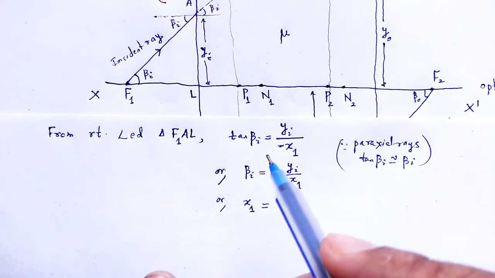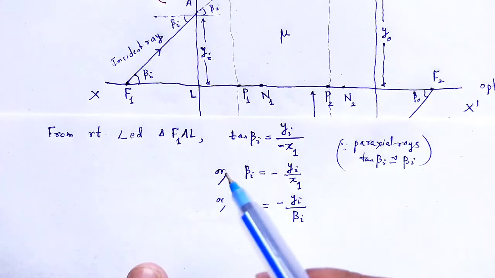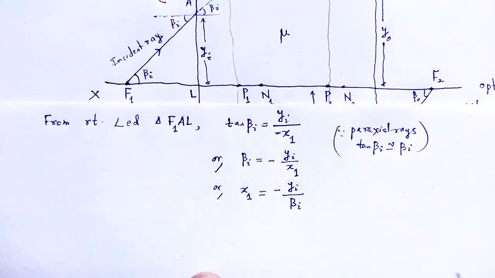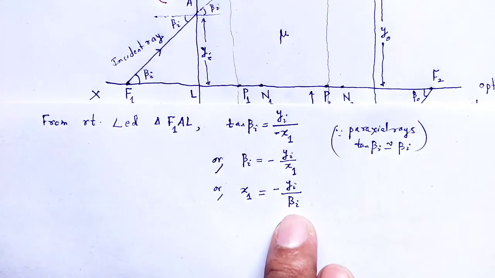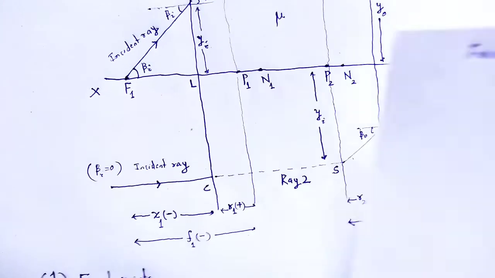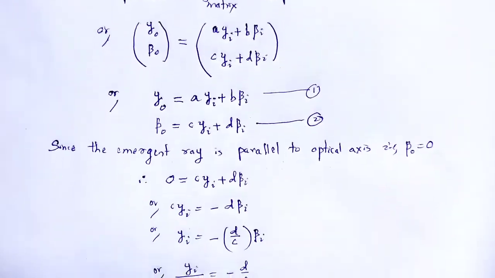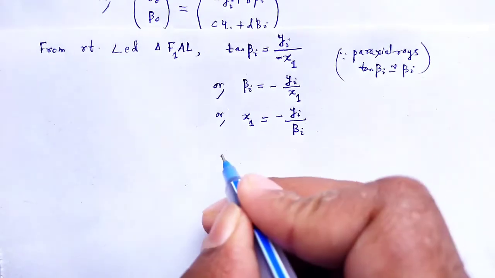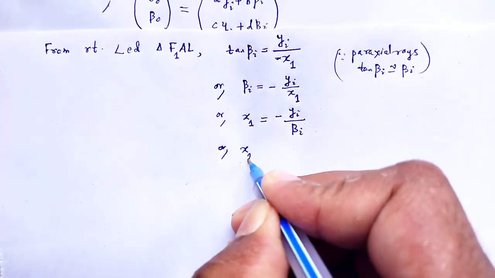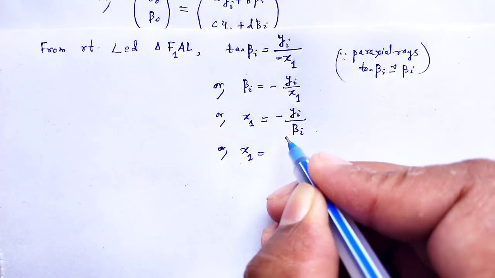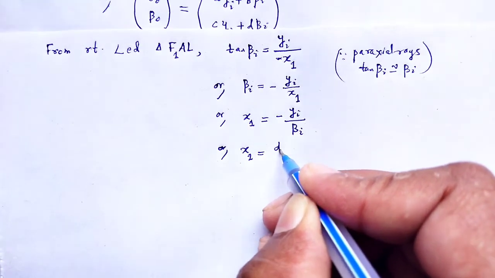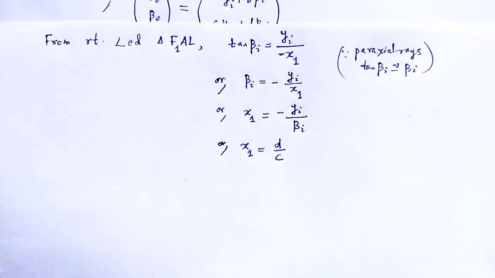This negative sign is due to the sign convention we prefer here. Now the value of yi by beta i is equal to minus D by C, so the value is put here. So x1 is equal to minus of minus D by C, so minus minus plus, that is D by C.